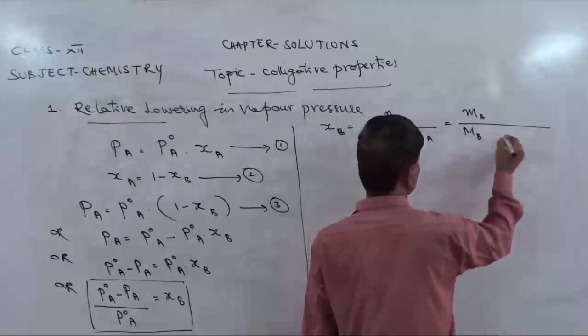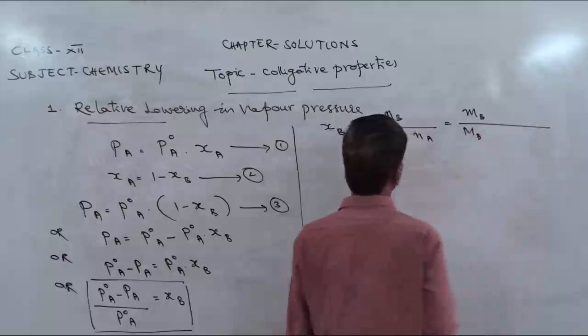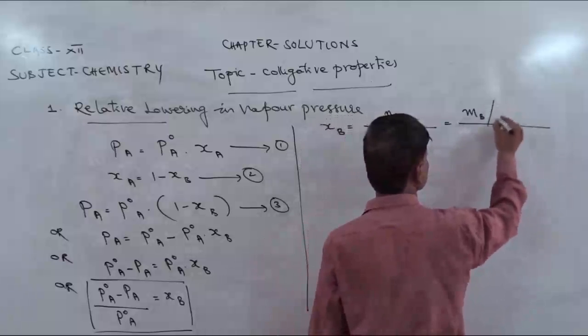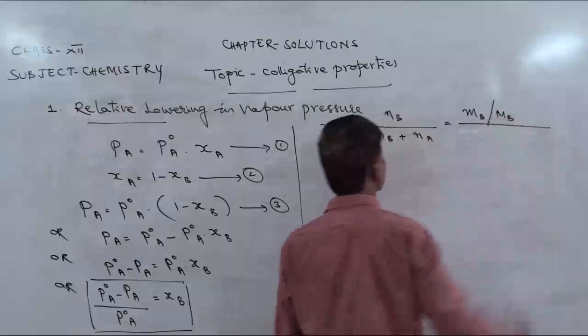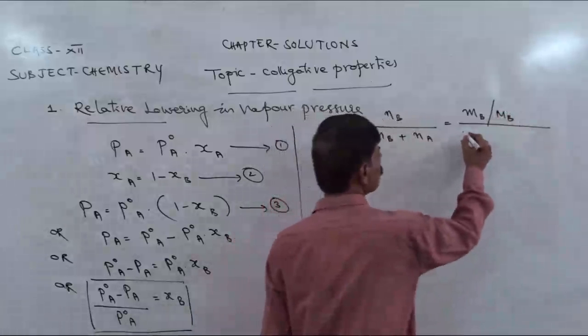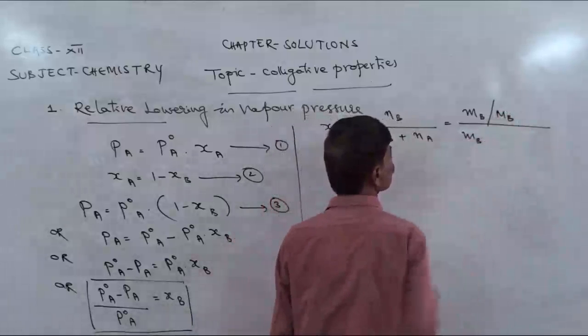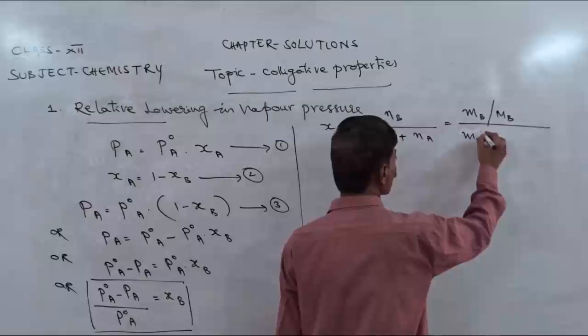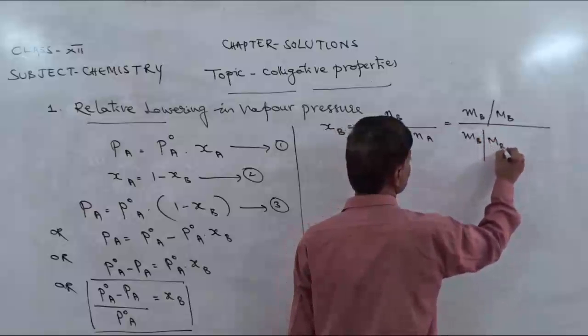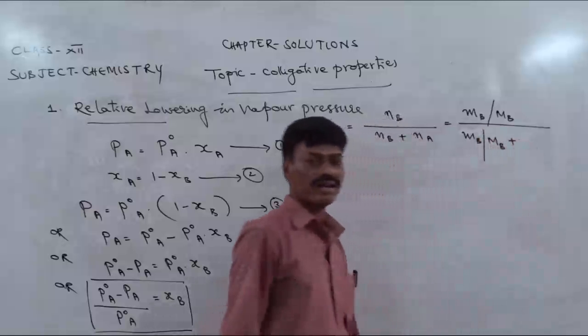Right. Next, this capital MB, let me write here. Next, NB is again equal to small mB, that is the mass of the non-volatile solute, divided by molar mass of the non-volatile solute, plus NA.